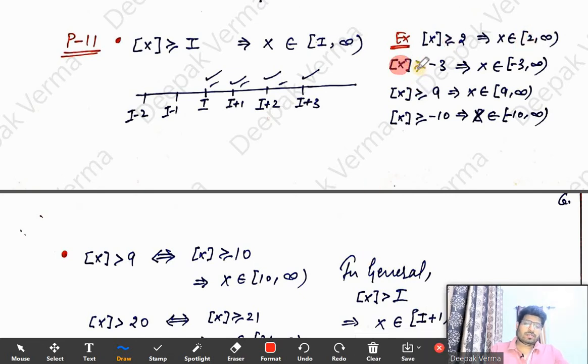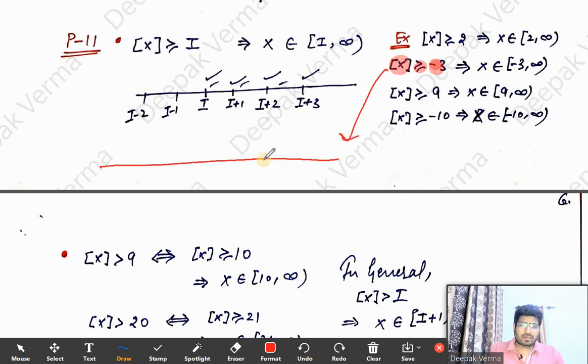Now box x equals to minus 3. So let us try to understand it by making a number line. Minus 3 here. Box x greater than or equal to means the value of box x can be minus 3 also. So minus 3, this can be box.